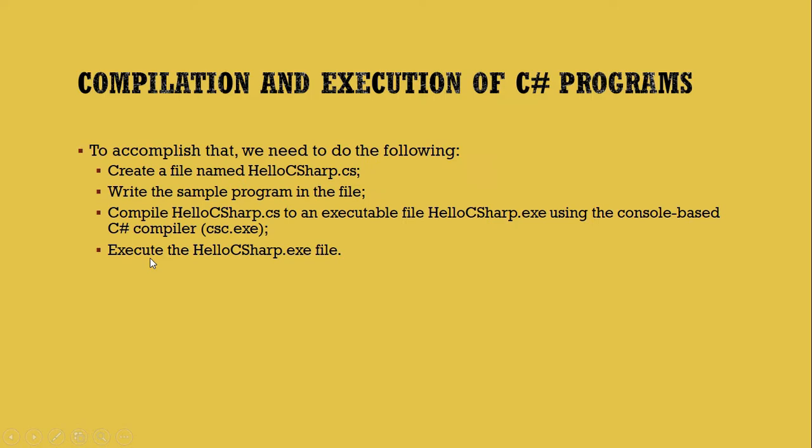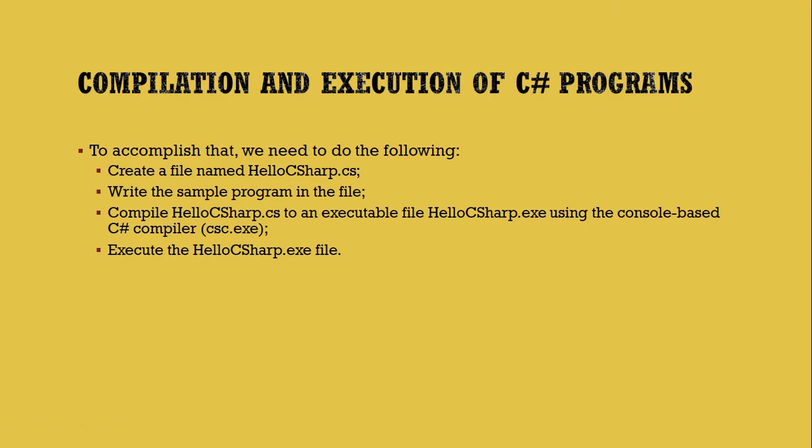Then after, you have to compile the file. Compiling a C# file means converting it to an executable file. Here, hello C#.cs is converted to what? To hello C#.exe once you have compiled the file.